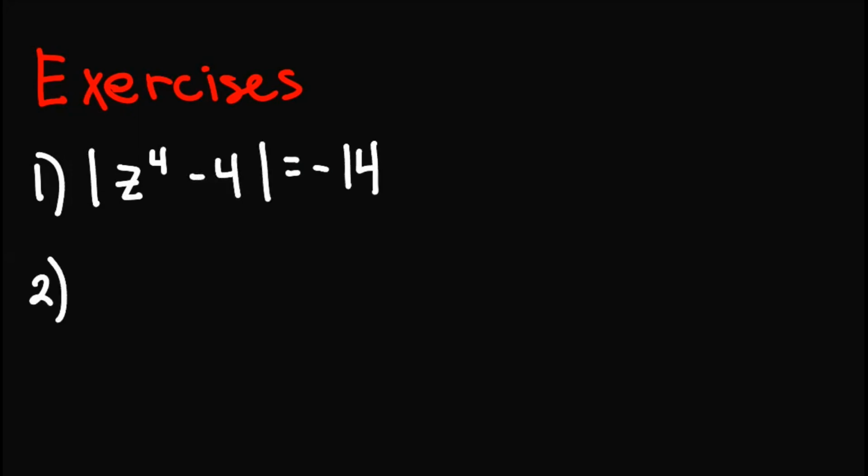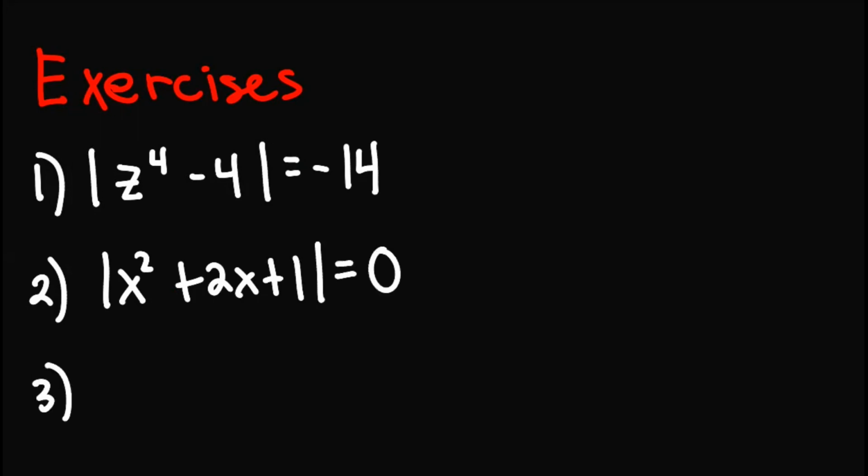For the next one, we have x squared plus 2x plus 1 equals 0. And lastly, we have 2y minus 3 equals 9.